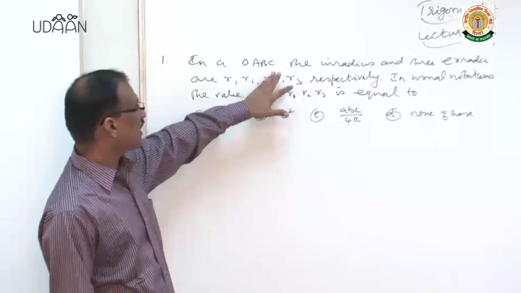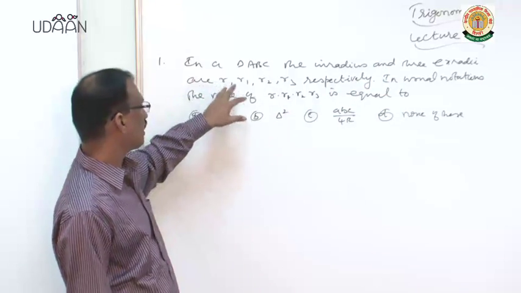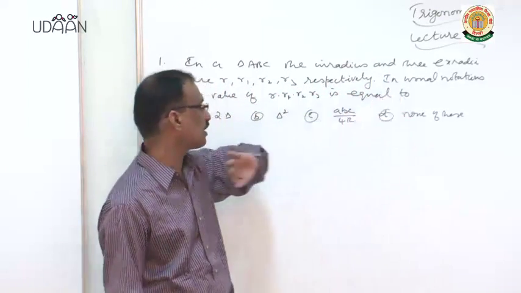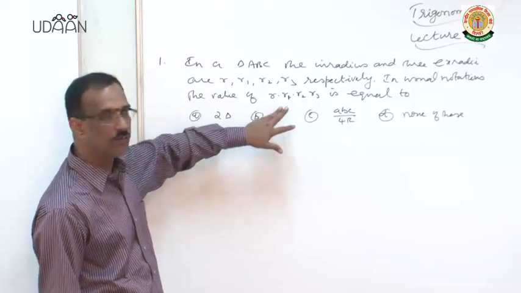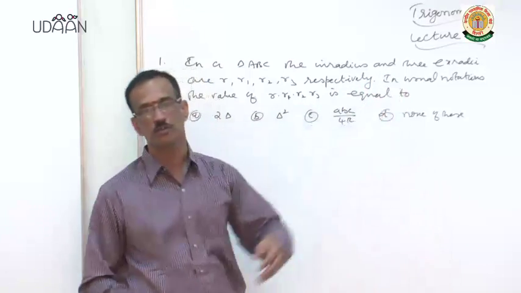So now in a triangle ABC, the inradius and exradii are r, R1, R2, R3 respectively in usual notations. The value of r into R1 into R2 into R3 is equal to what?